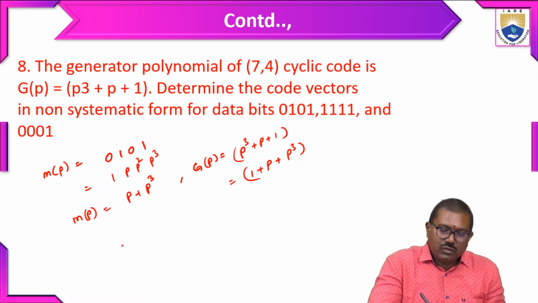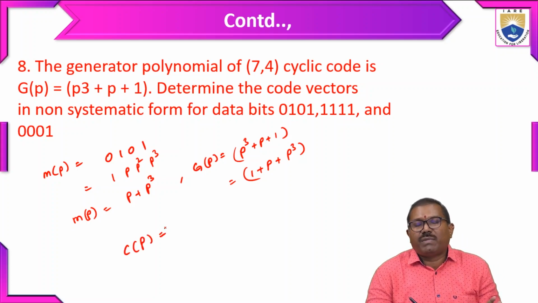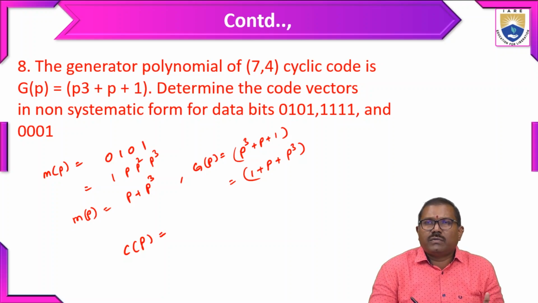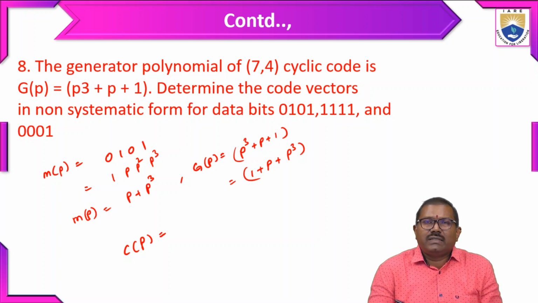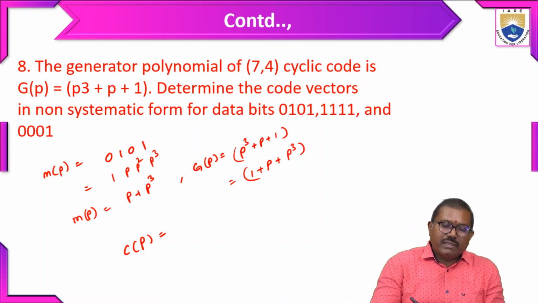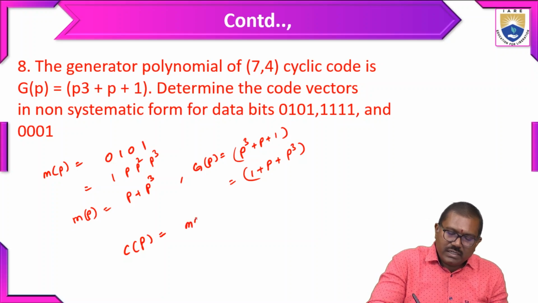What do they ask? The code polynomial C(P) in non-systematic form, not in systematic. Already we've seen in some solved problems on cyclic codes, I already explained what is systematic and what is non-systematic. In non-systematic, you just multiply the message polynomial with the generator polynomial, easily generated. That is M(P) into G(P).